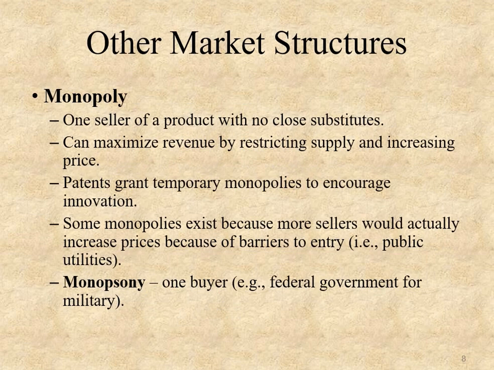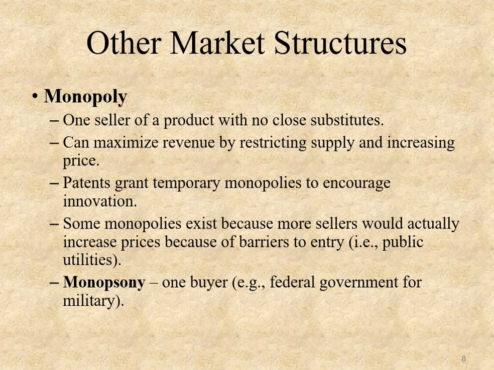Now, another market structure is monopoly. When you have one seller of a product with no close substitutes, you see this, for example, with defense industries, the making and selling of armaments. It can maximize revenue by restricting supply and increasing price.